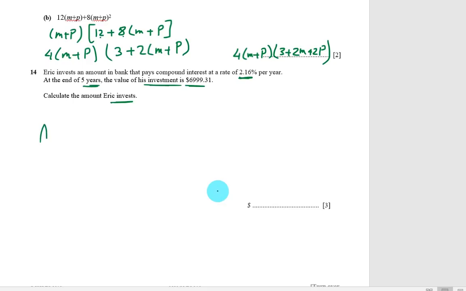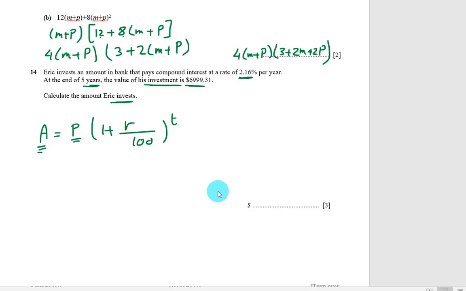As you know, for compound interest, A is equal to P(1 plus R divided by 100) to the power T. Here A is the amount at the end, P the present value of the money, R the interest rate, and T the time, which is the number of years.